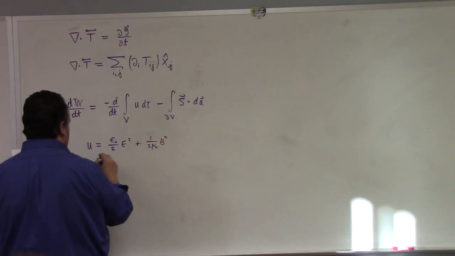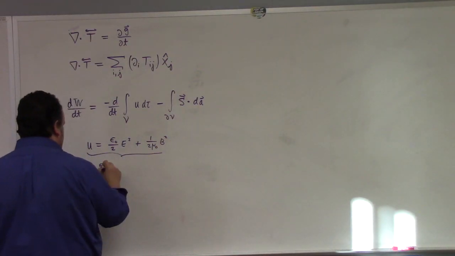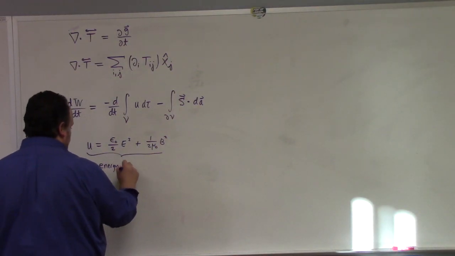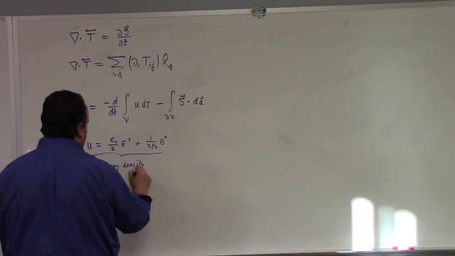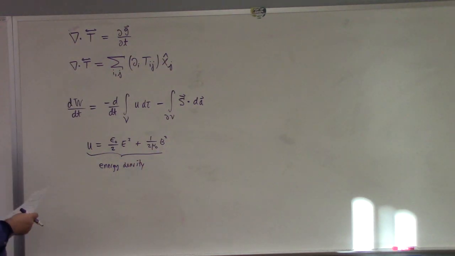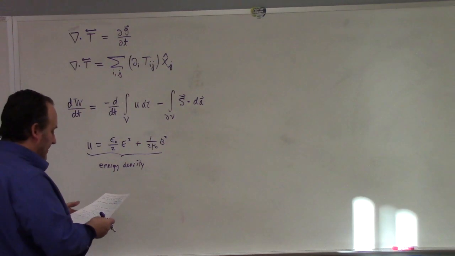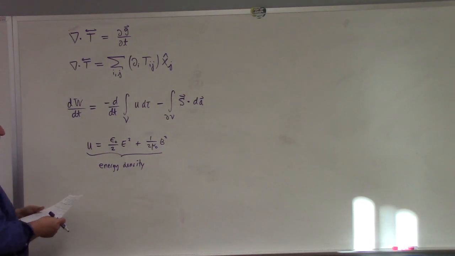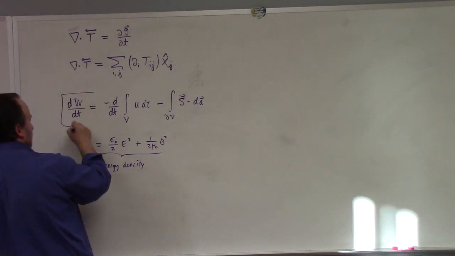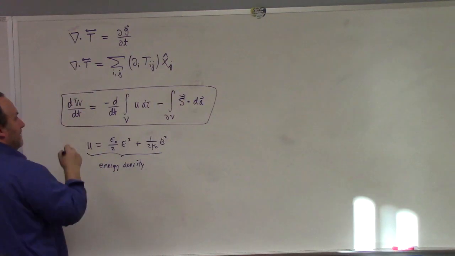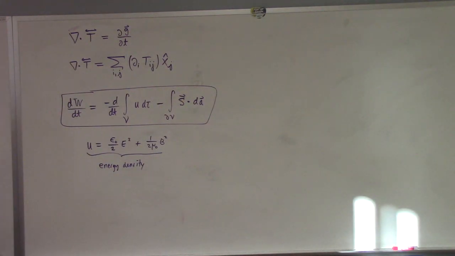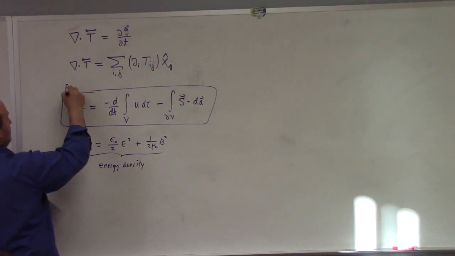This is the energy density. And then of course you guys remember, this has a name. What is this? Well, it is conservation of energy. That's true, I think. But this is a particular name. This is Poynting's theorem.